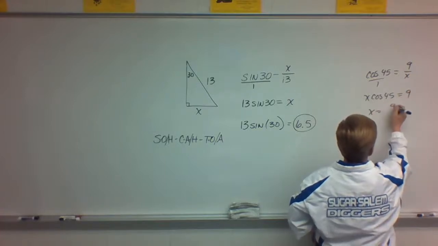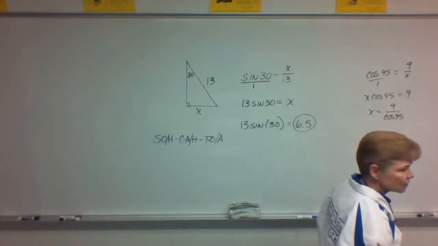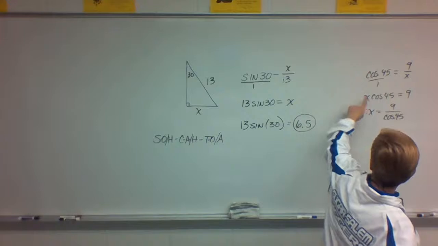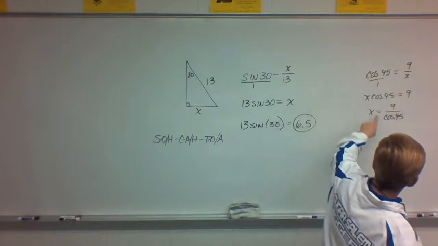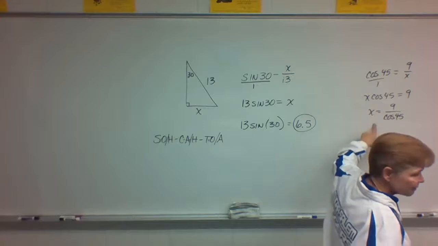You have to go one more step, and it's a division instead of a multiplication. So you have to keep working it through after you cross multiply.